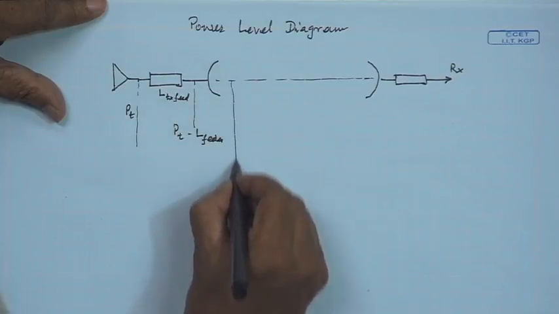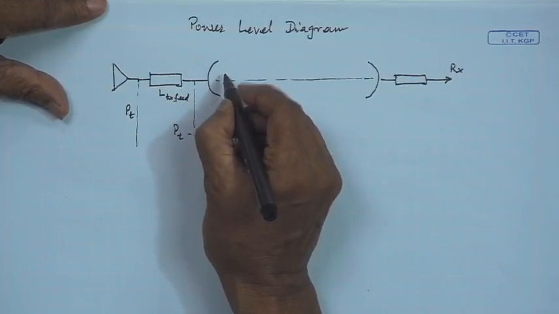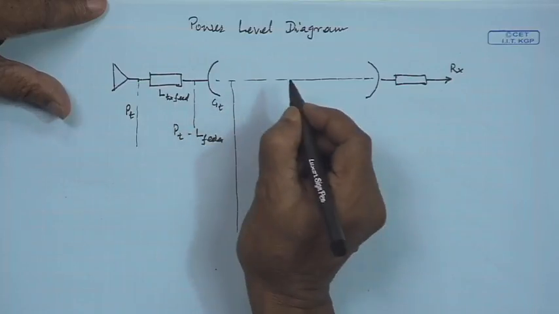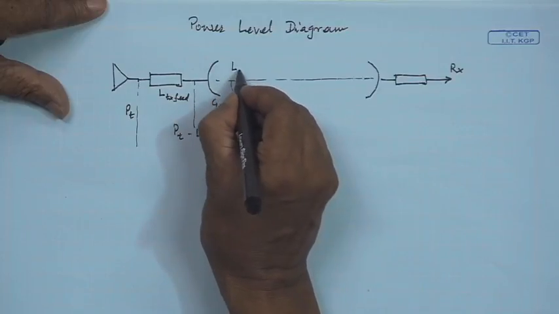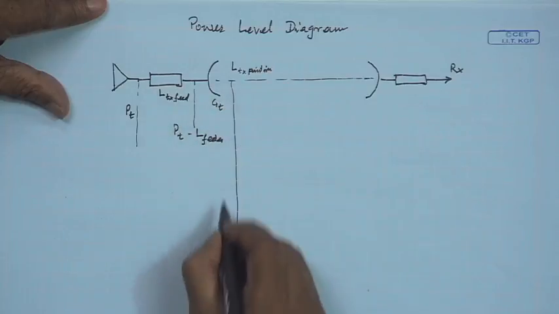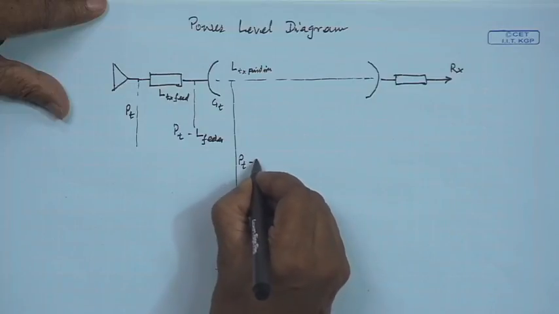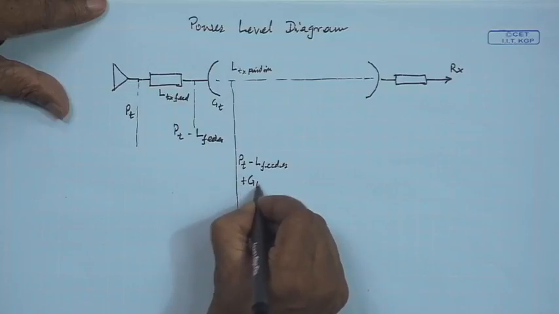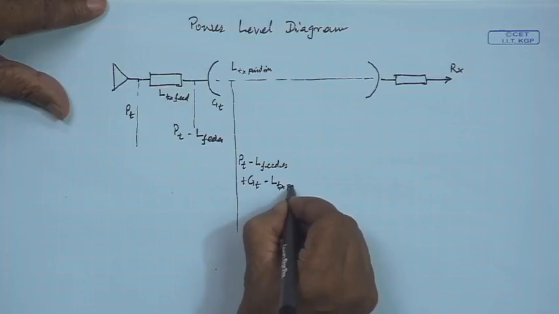At this point there are other losses which are coming, and gain is also coming. So, here it is the transmit antenna gain, and then there are losses due to transmitter pointing. So, at this point it is PT minus L feeder plus GT, which is GT max, minus L transmitter point.